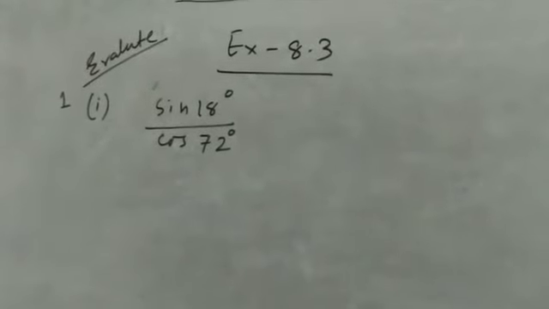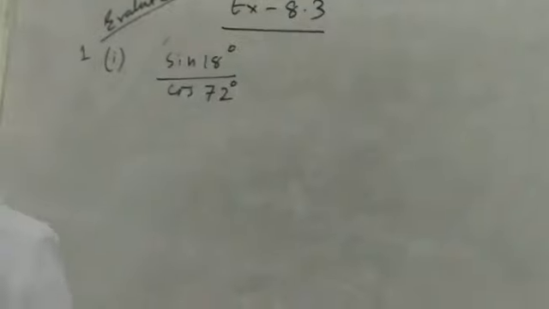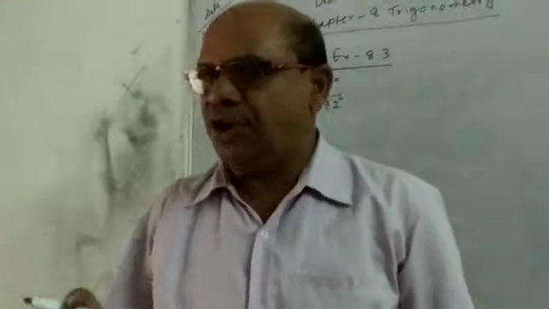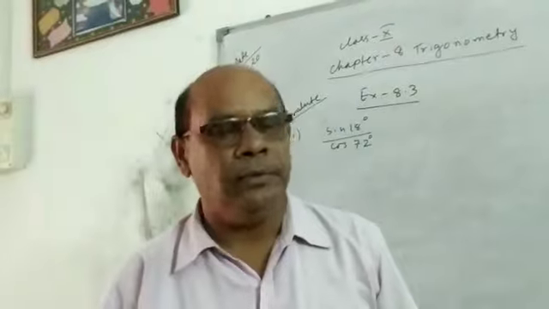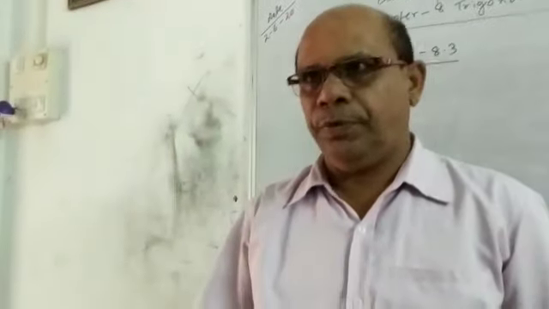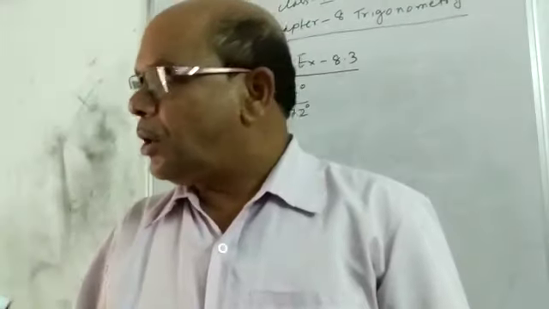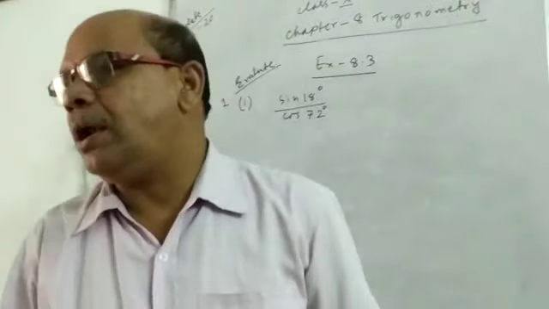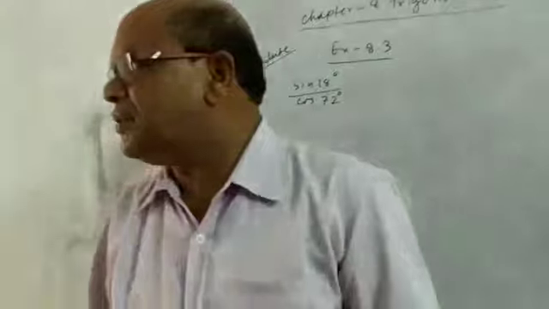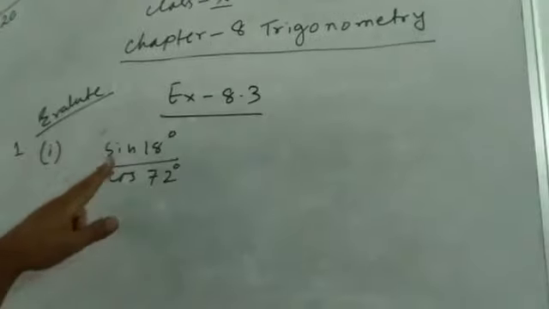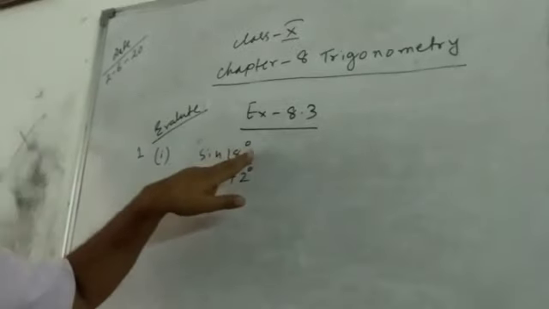One thing to remember: if it is trigonometric ratios of 0, 30, 45, 60 and 90, then we will put the value from the table. Any type of question, we will put the values of 0, 30, 45, 60 and 90. But here other angles are involved. You see 18 degree and 72. We don't know these from the table; we don't know the value of sin 18 degree.